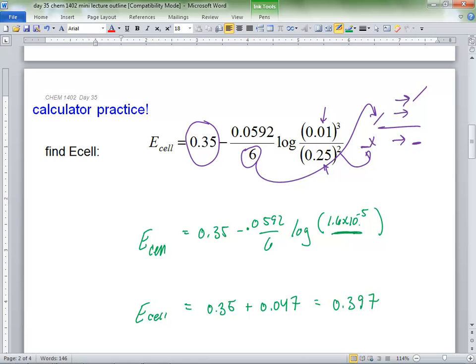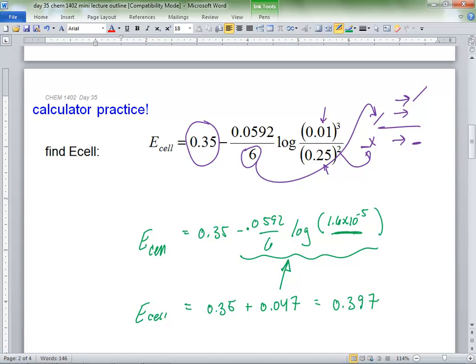Okay. I'm kind of confused. Like, that 0.047, where was that from? The .047. That's all of this. Yeah, because you already have this in your calculator. 1.6 times 10 to the negative 5. You got to push log, right?